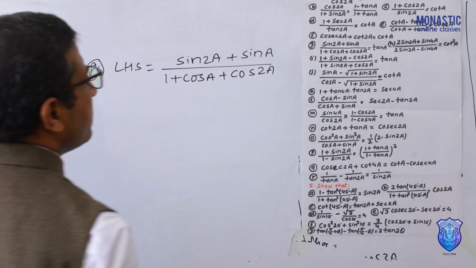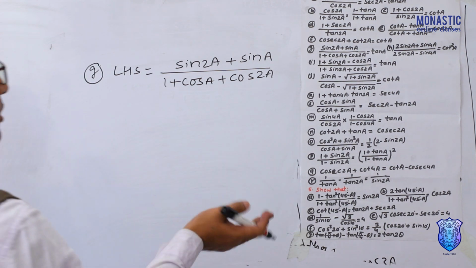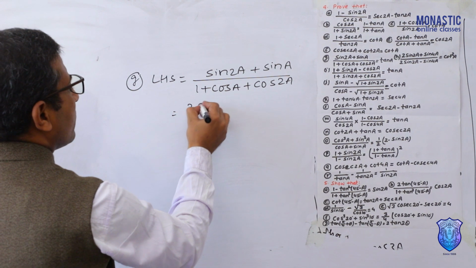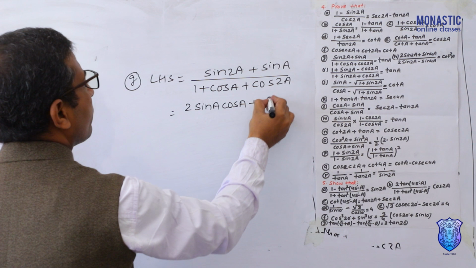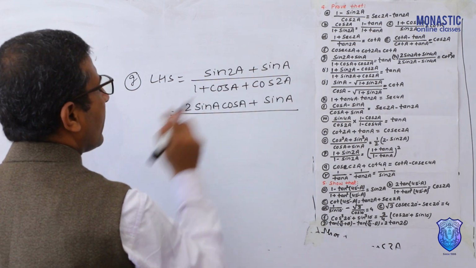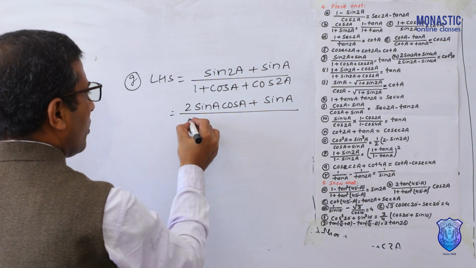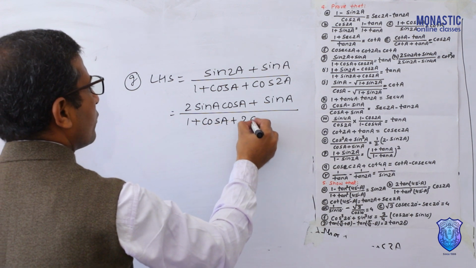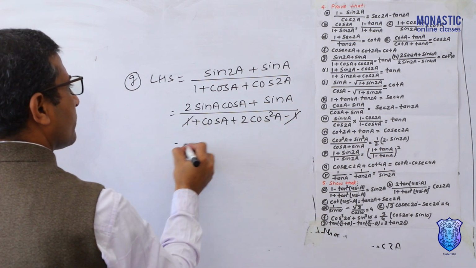We want the result in tan A. It means we have to convert all of them into A. The angle here is 2A, so the formula is 2 sin A cos A. Either you can write both inside the bracket and then use the formula, or in place of cos 2A you can write the formula 2 cos square A minus 1.